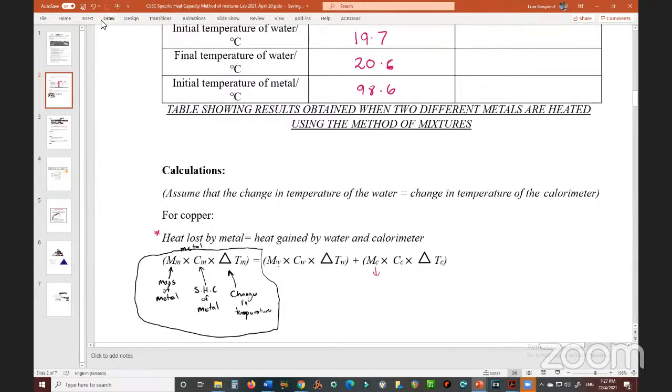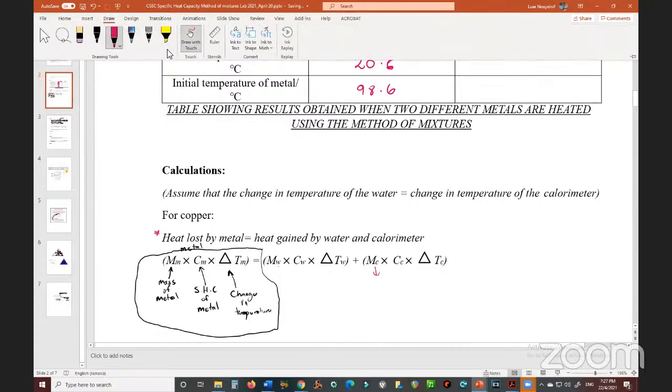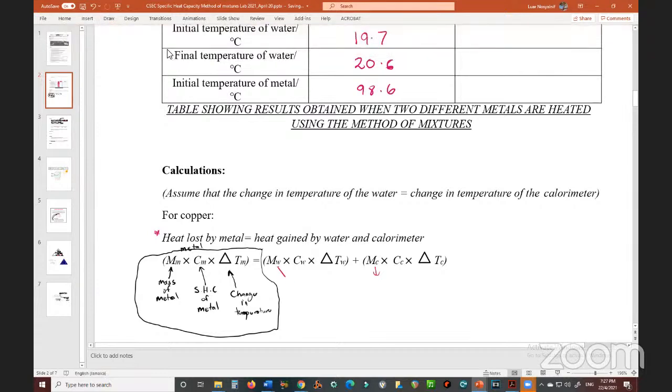If we change the color and highlight that, this part is the mass of water. This part is the specific heat capacity of water.